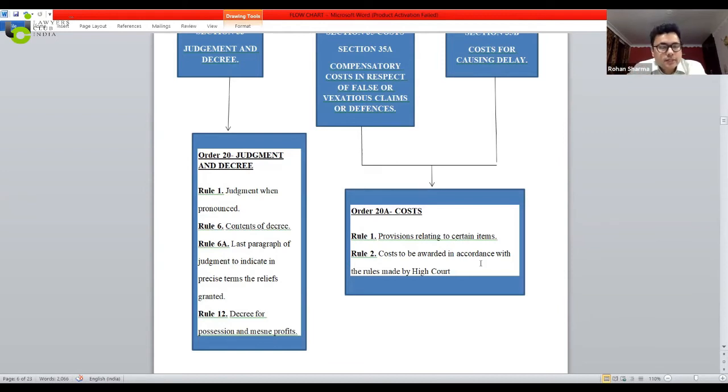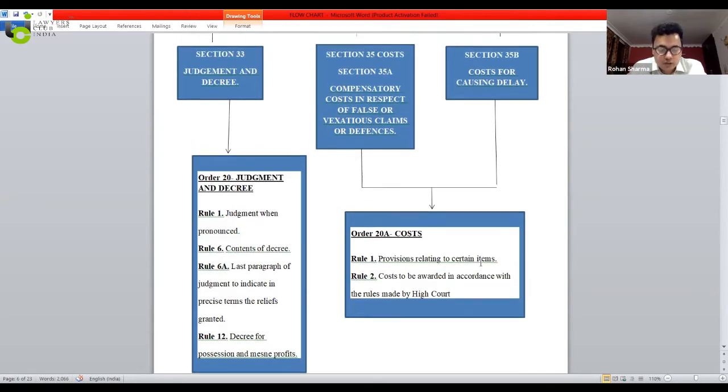Now, this order also talks about in what format a decree has to be drawn on the basis of the judgment, and what the essentials of a decree are. For example, it has to have the number of the suit, it has to clearly specify what reliefs are granted, and it has to clearly outline the orders regarding costs, if any, made in a judgment.